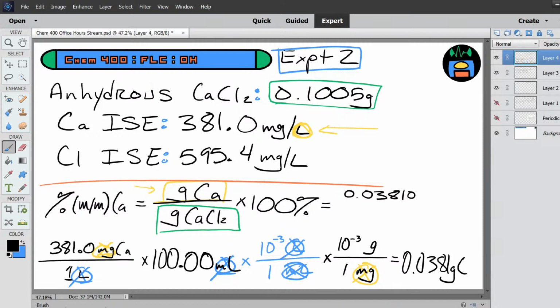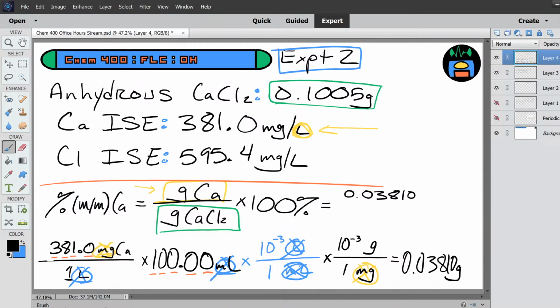You may have noticed in the interim that we actually landed with the incorrect number of sig figs, right? We have 1, 2, 3, 4 there, and we have 1, 2, 3, 4, 5. We got to roll with the fewest, and I wrote down a number that only had 3.